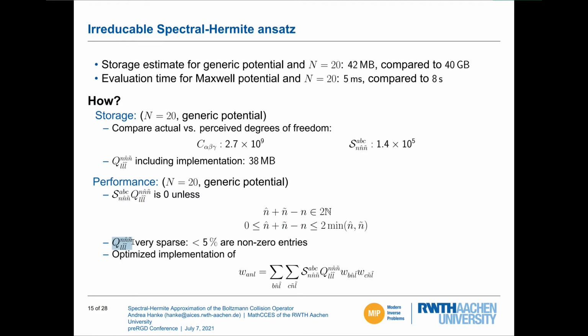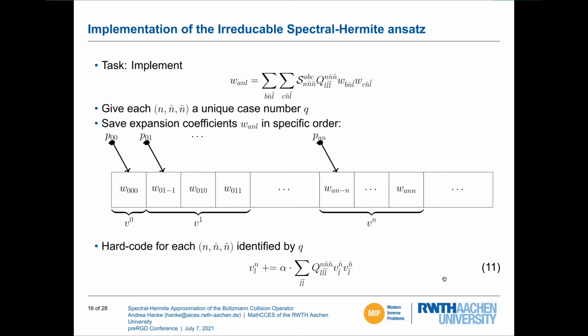If you look at all the entries in Q for all possible n's, then we have less than 5% non-zero entries. And thirdly, we developed an optimized implementation of our tensor-vector product. And I'm going to show you how we did that.